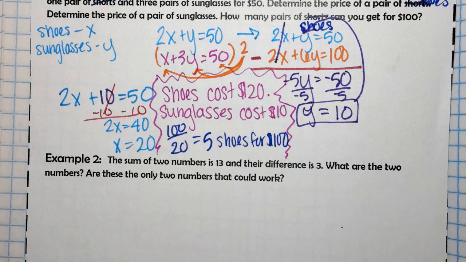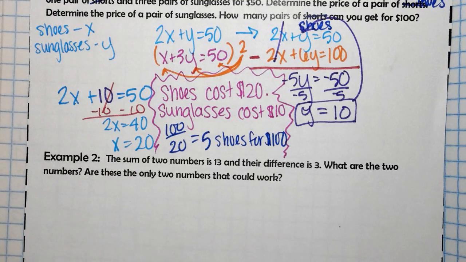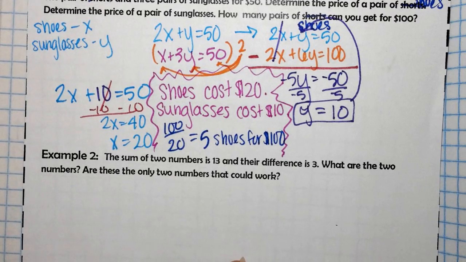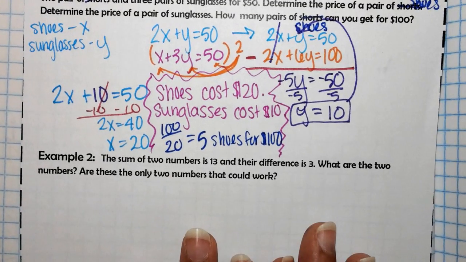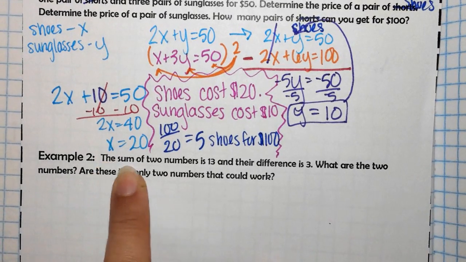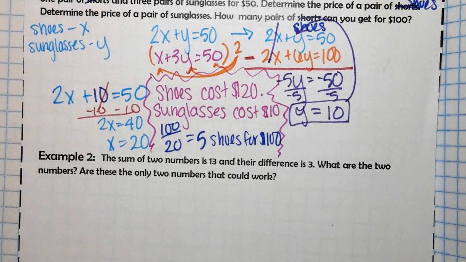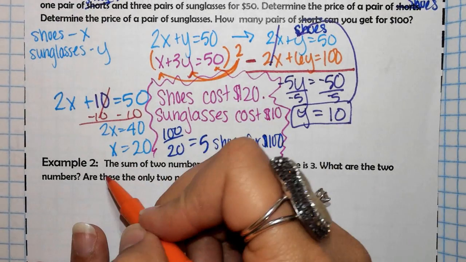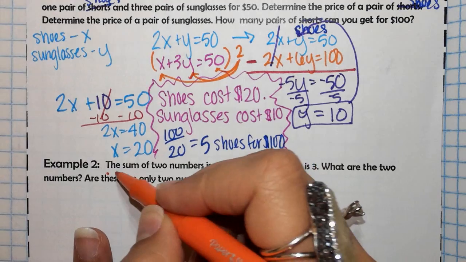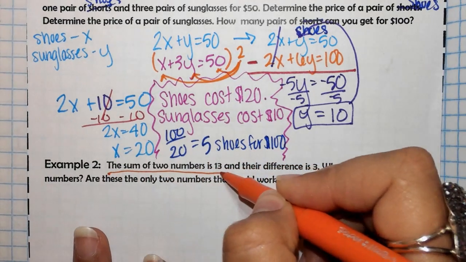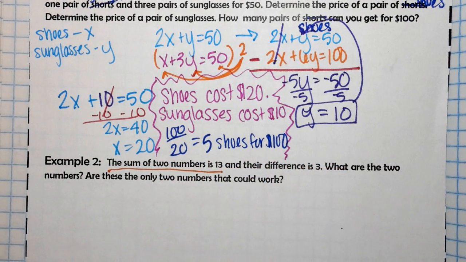So what are the two numbers? We're setting up a system to answer this, so we're going to create an equation for the first part. The sum of two numbers is 13.